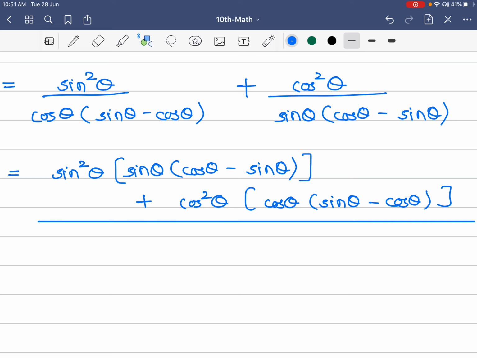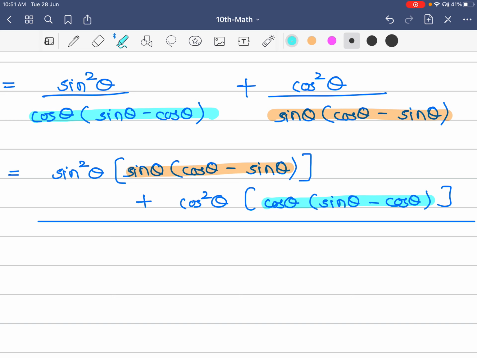So let me draw this line here. Let me use a highlighter for the sake of easy understanding. So this was our sine theta. This is what has come here. And then we had this. Sorry, let's bring it here. We had this. This is what has come here. And the whole.